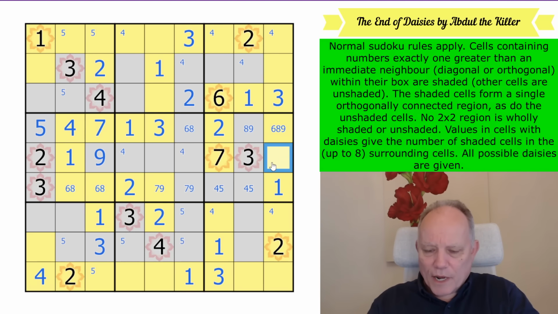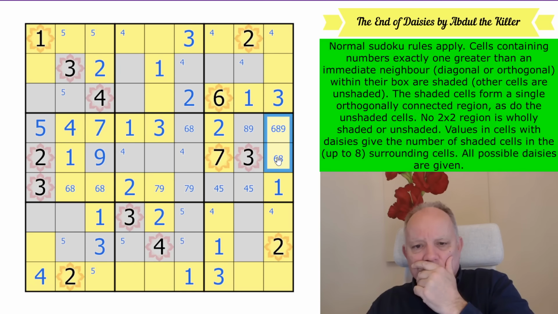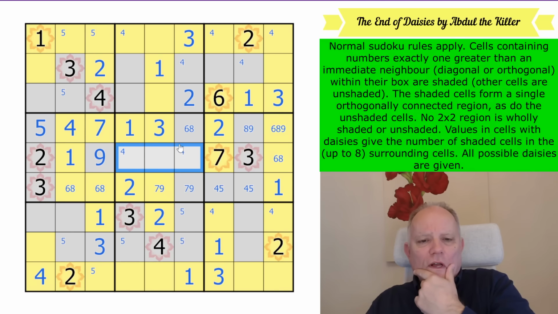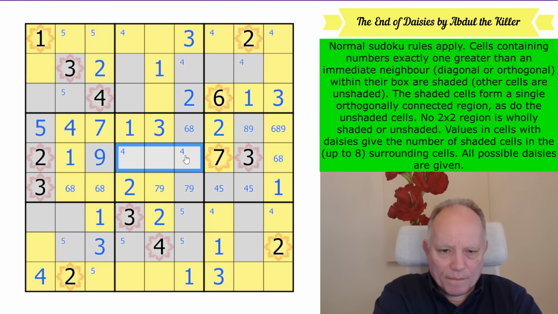This is 6 or 8 by Sudoku. If it's 6, that's 5. Right, these are either 4, 5, 6 or 4, 5, 8. Now, does any of those have a problem?